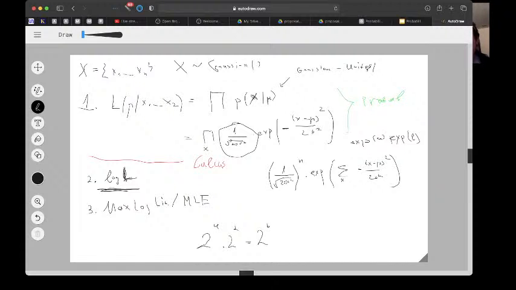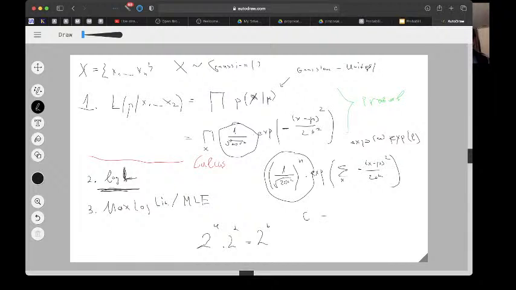In the next step, you take the log likelihood. So this is likelihood, you take log likelihood. This multiplication becomes a plus. And this whole thing becomes some constant that's not relevant for the model parameter. The exponential and the logarithm cancel out.